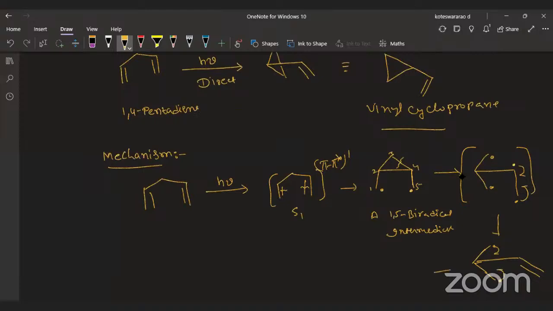It generates the three-membered ring. It can be written like this.